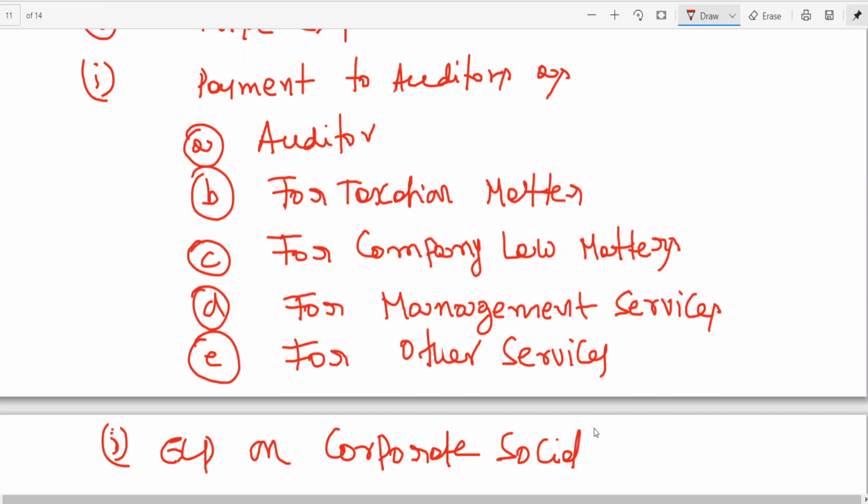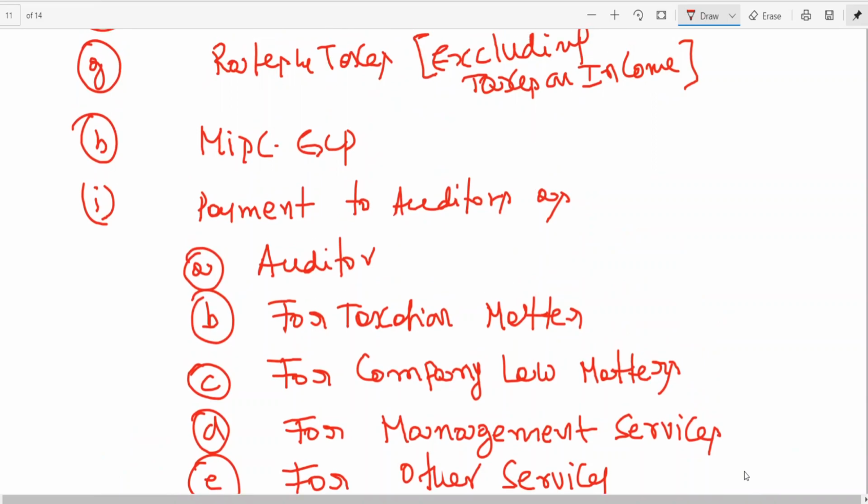When society is giving something to me, it is in my turn to give something back to society. And whatever expenditure you are incurring on corporate social responsibility also is to be taken into consideration. Okay, I think these are the other expenses which we should be considering.